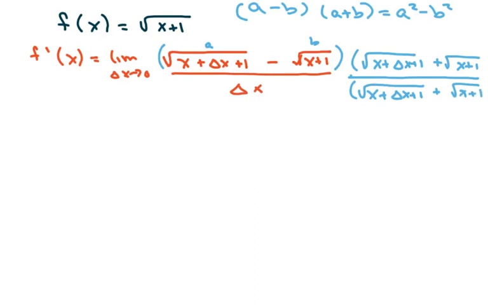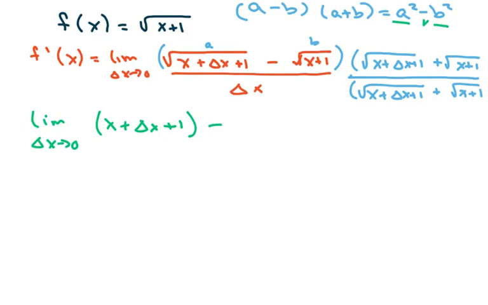Okay, there we go. Now, what we're going to get is the limit as delta x approaches 0. And when I multiply this out, remember we're just doing a squared minus b squared. And all that's going to do is get rid of the radical. So we're going to get x plus delta x plus 1. Alright? And then we're going to do minus.